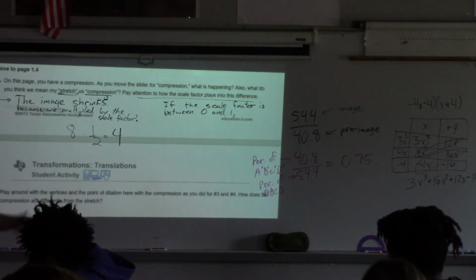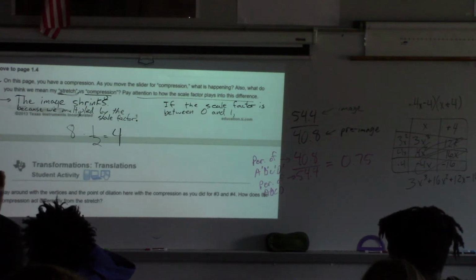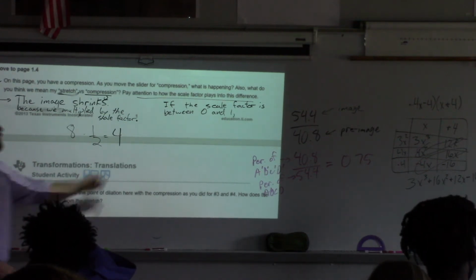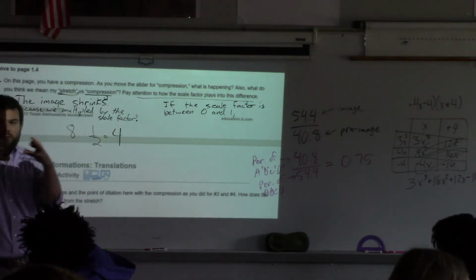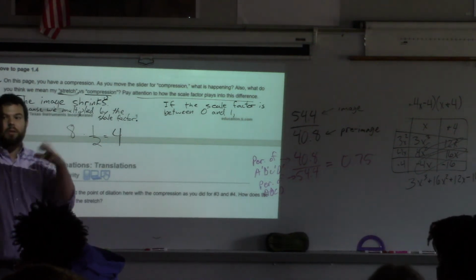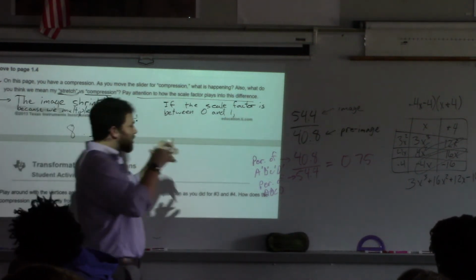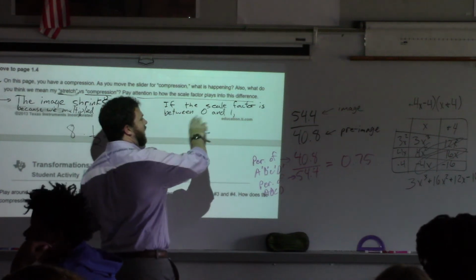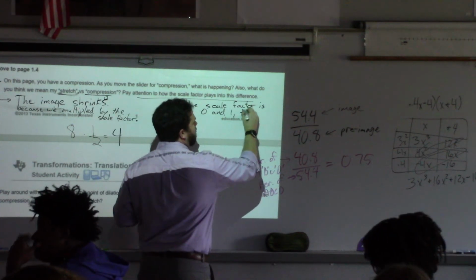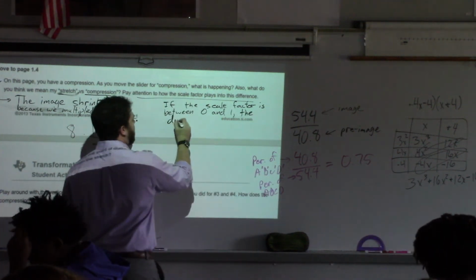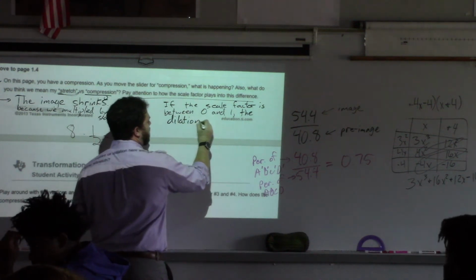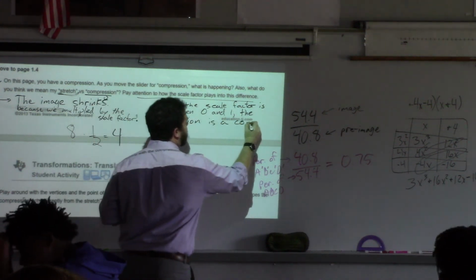Smaller. So we got compression. If the scale factor is between 0 and 1, it's going to shrink, get smaller, compress. The dilation compresses when it is a compression.